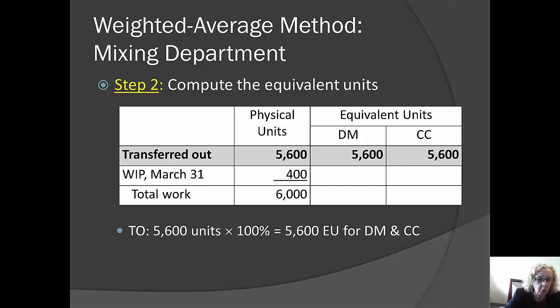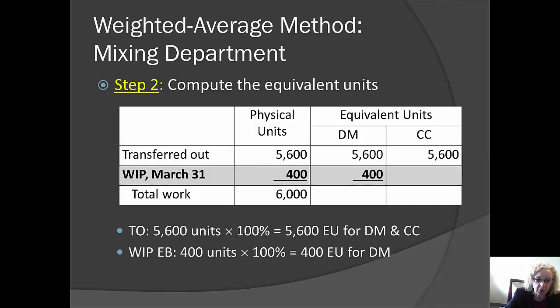And we know that they were 100% complete with regard to materials, and they were also 100% complete with regard to conversion costs. The reason we know this is they got finished.